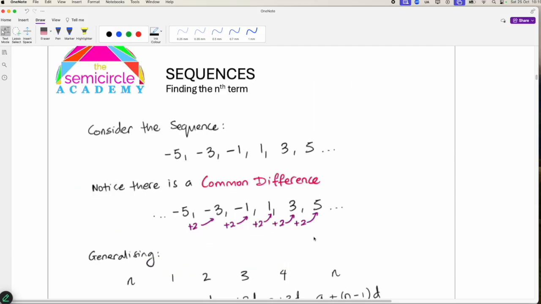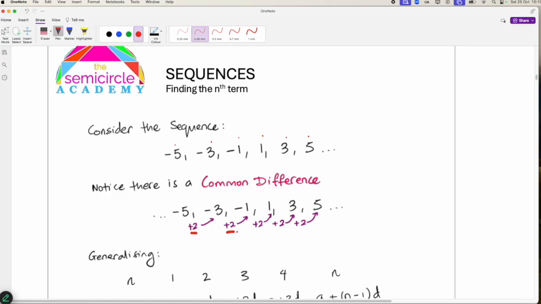Consider this sequence here: negative 5, negative 3, negative 1, 1, 3, 5. And this is the CSEC math level. In CSEC maths, you are supposed to be able to recognize that if you take negative 5 and add 2, you'll get negative 3.